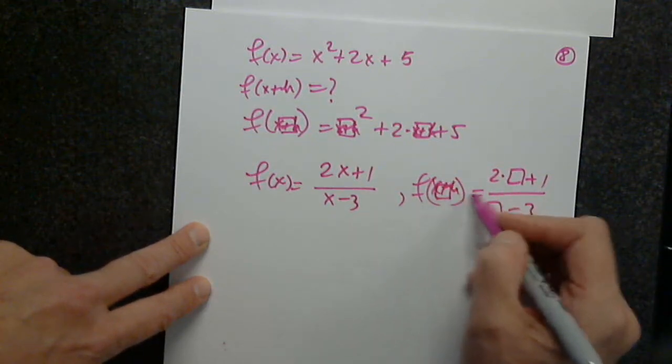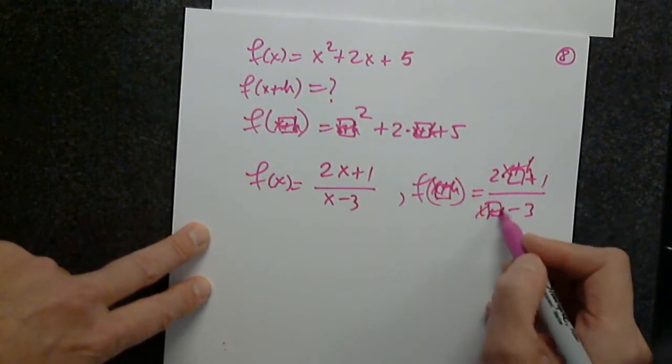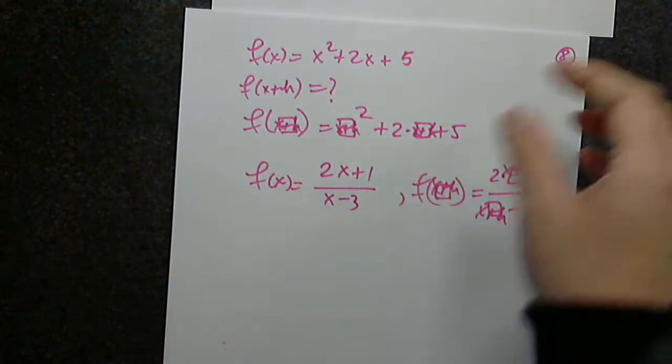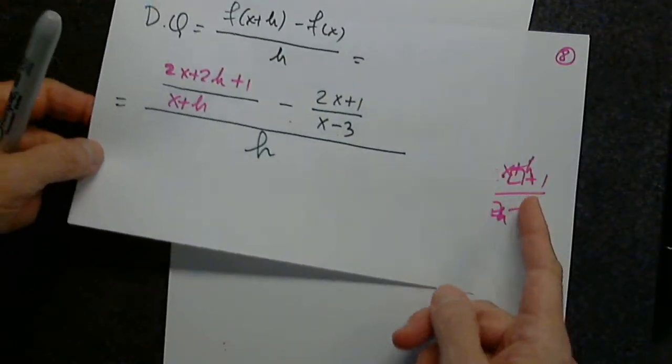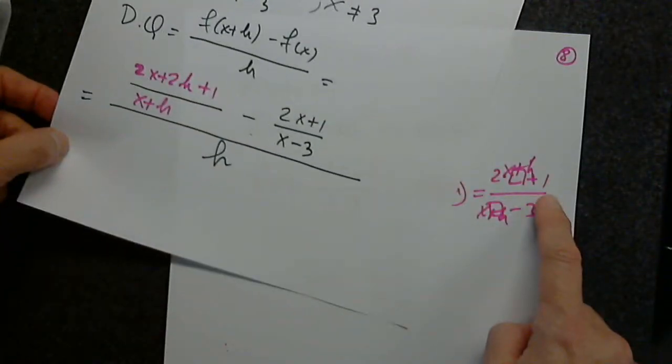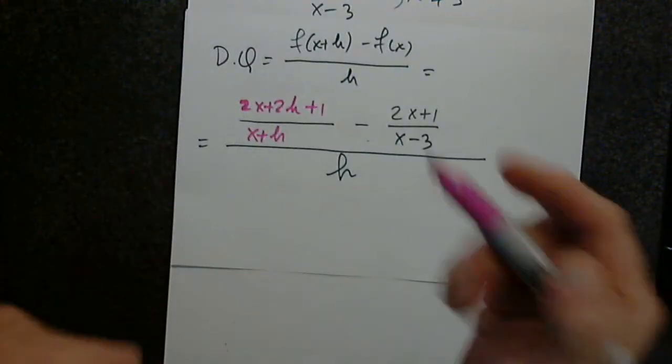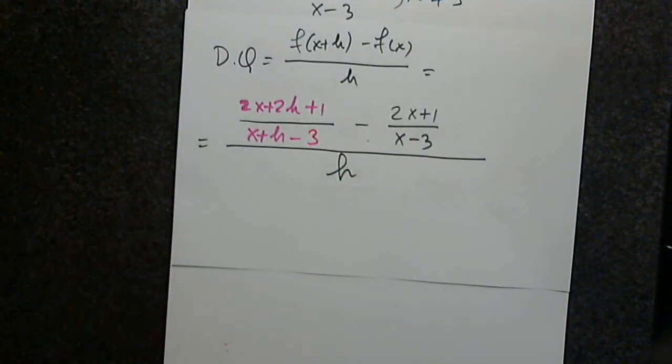If this is x + h, then this is x + h, and this is x + h. That's all I have to do. So 2 times (x + h), plus 1, over (x + h) − 3. That's how we evaluate a function for a number, for another variable, or whatever we need to plug in.